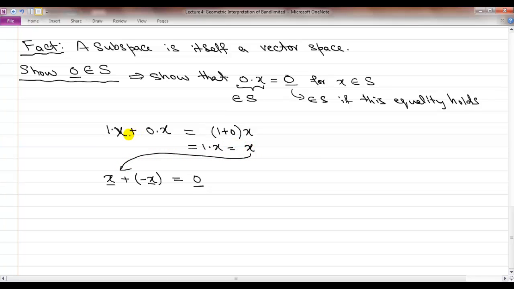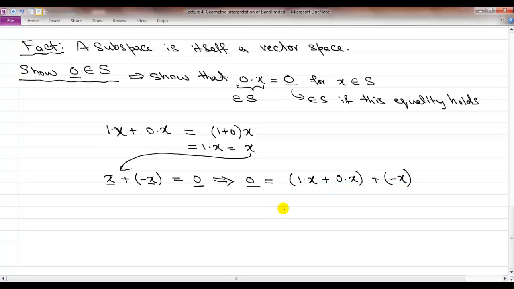Since I have shown that this x is equal to this quantity, I am going to replace this x with 1 dot x plus 0 dot x, plus minus x.